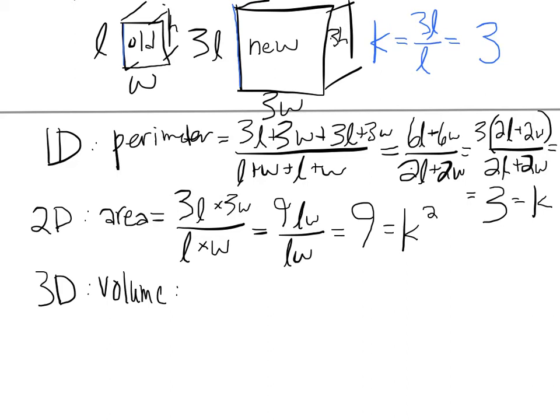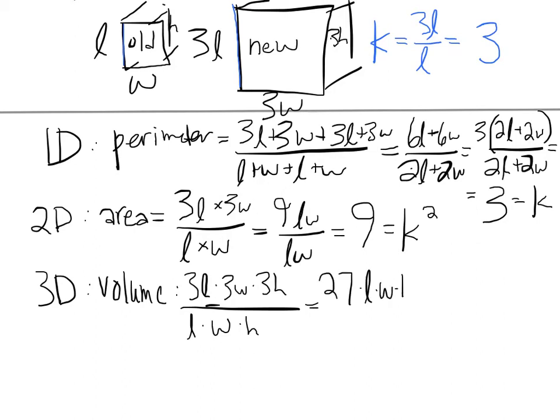So we have 3L times 3W times 3H over L times W times H. So it would be 3 times 3 times 3, which is 27, times length times width times height. And keep in mind, usually when you're solving these problems, you'll have actual numbers, not just length, width, height.